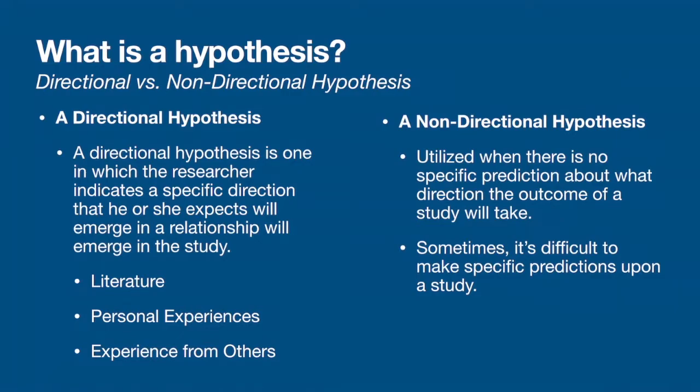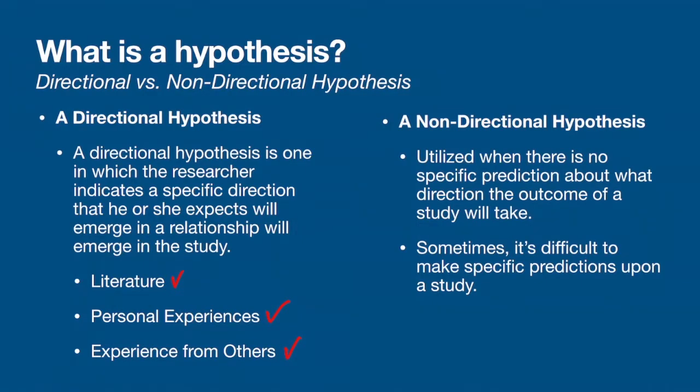In other words, we will utilize a directional hypothesis if something within the literature that we've read points us to that specific direction. Or we could say that we'll set a directional hypothesis if we have personal experiences that point us to a specific direction, or if experience from other people point us to a specific direction, then we'll use a directional hypothesis.